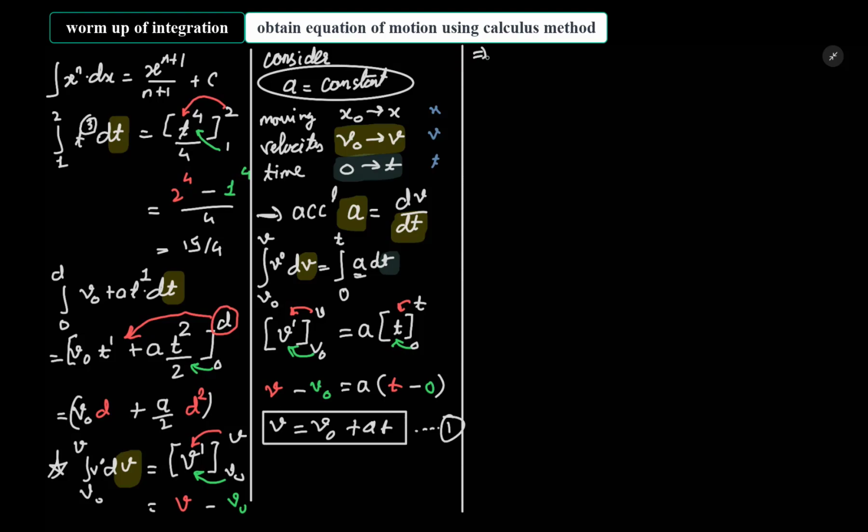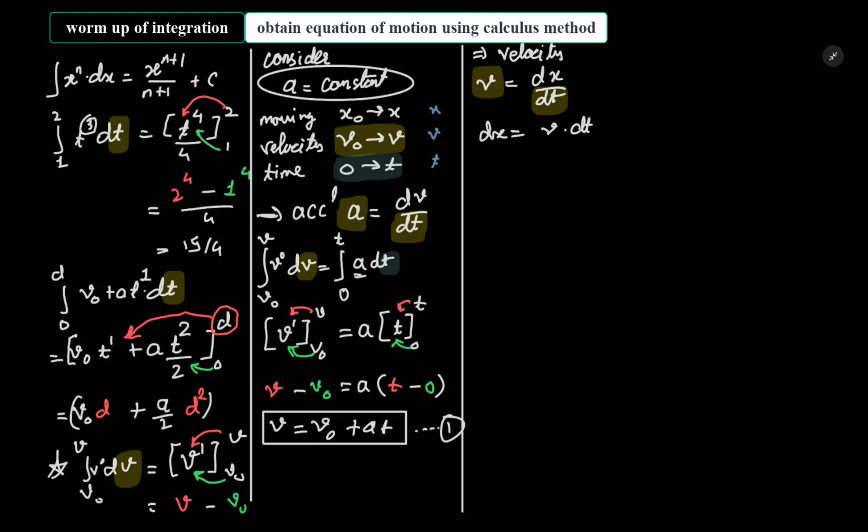Now let's go for the second equation, and for that we will use the definition of velocity, which says that v is equal to dx by dt. If we move this dt to the left side, we will get v dt is equal to dx.